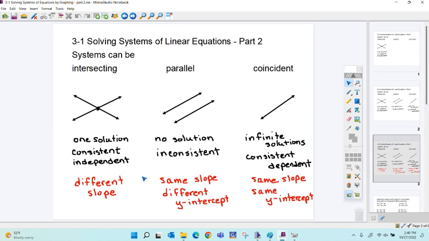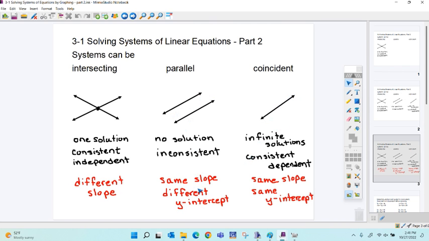In terms of slopes, listen up. If they intersect each other, they have to have different slopes, because the same slope would mean it was parallel or the same line. So same slope only happens when they're parallel or it's the same line.